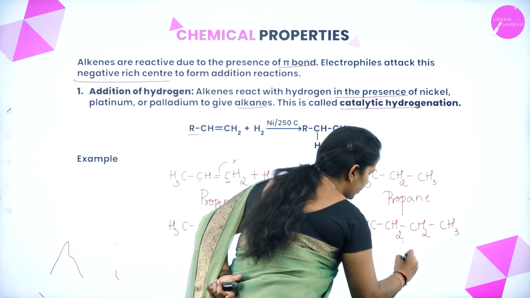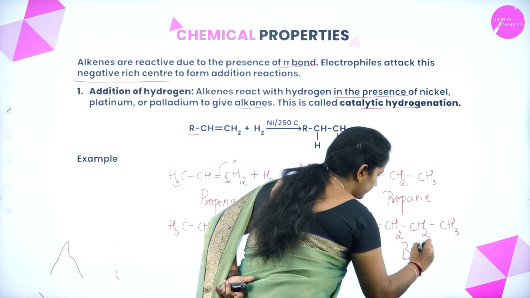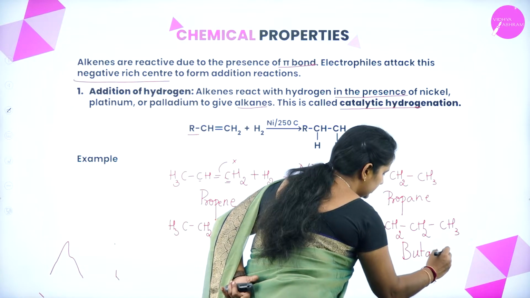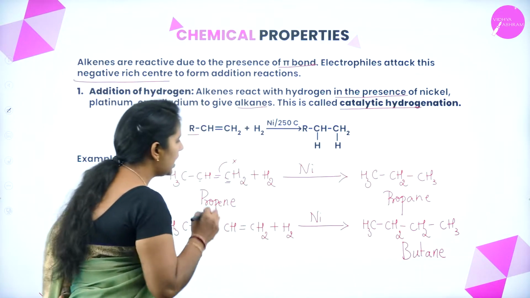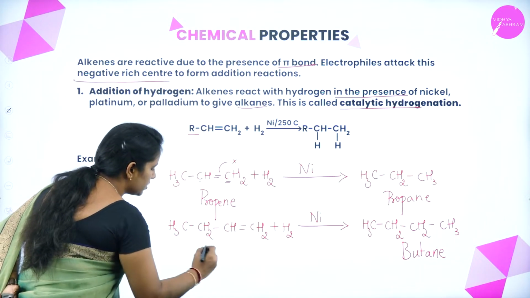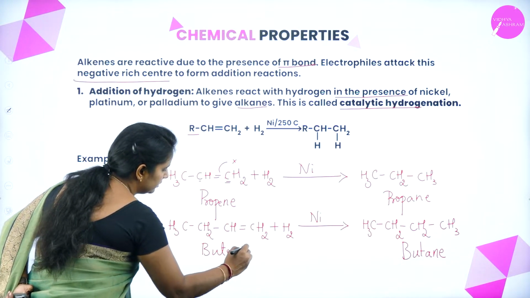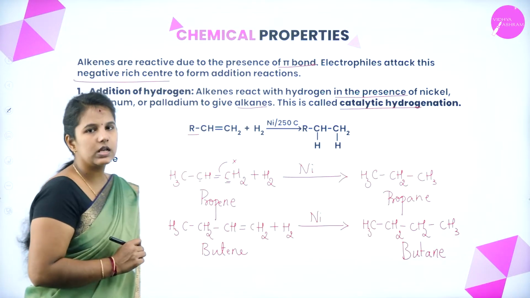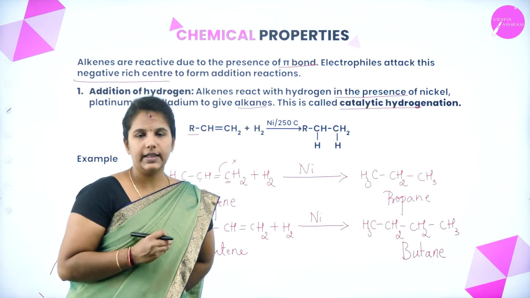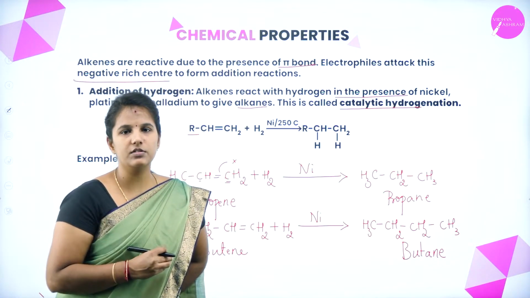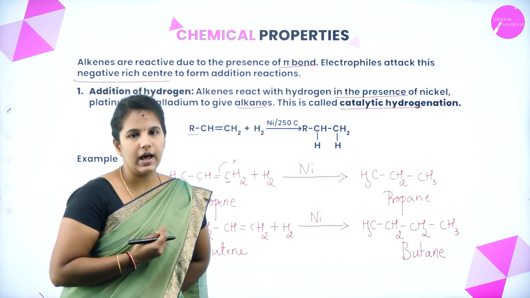The name of this compound is butane, because it is an alkane, and the name of this compound is butene. This is how our alkene, when you add the hydrogen, gives rise to the alkane.